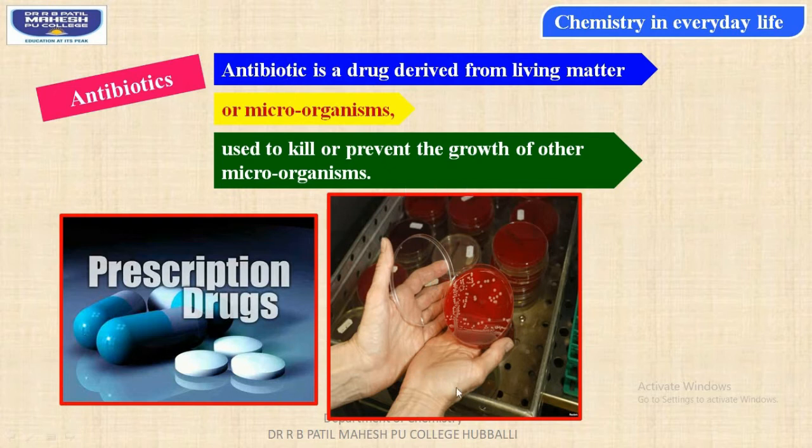And the second diagram represents the culture of microorganisms from which we can harvest our antibiotic. For example, Escherichia coli, called E. coli bacteria, as a vector is harvested to synthesize the antibiotics.